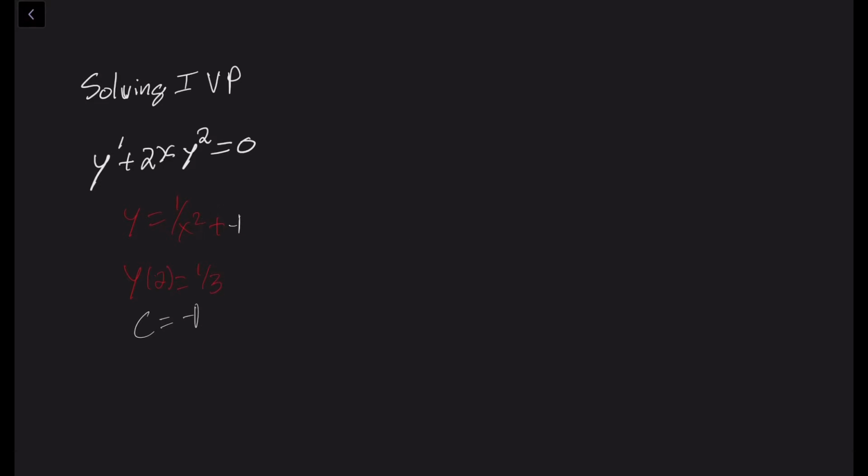Alright, so now the next step we're going to be doing is finding the largest interval I over which the solution of the differential equation is defined. Now to do this, we're going to be taking our equation that we just found the value of c, y equals 1 over x squared plus -1, and we're going to be finding the domain for this.